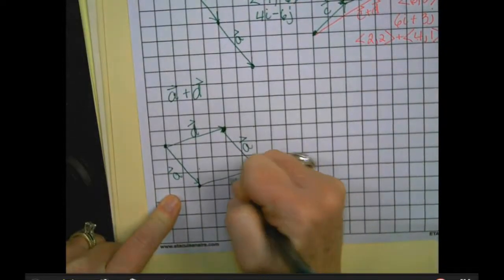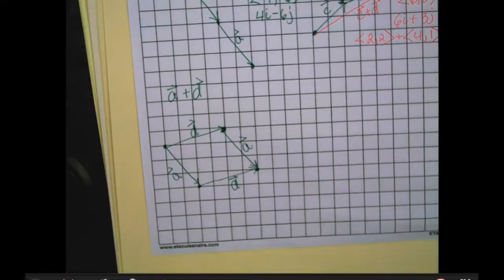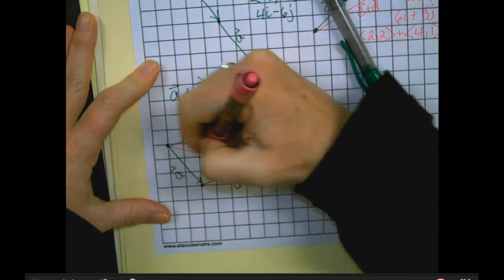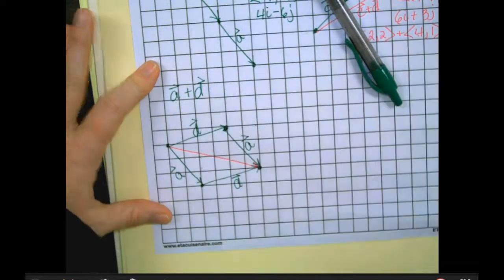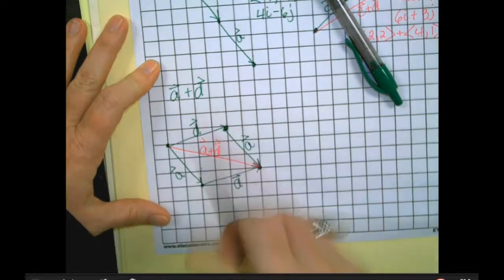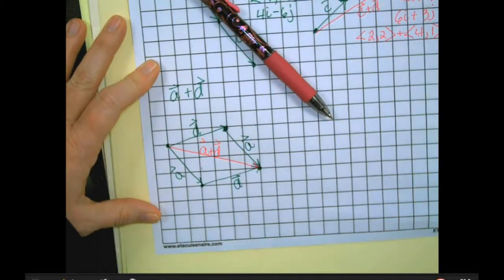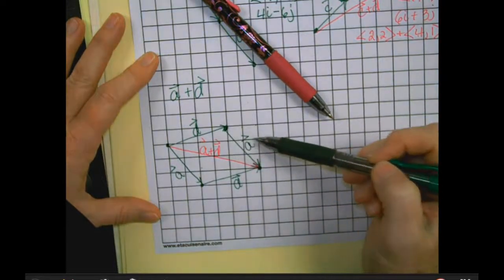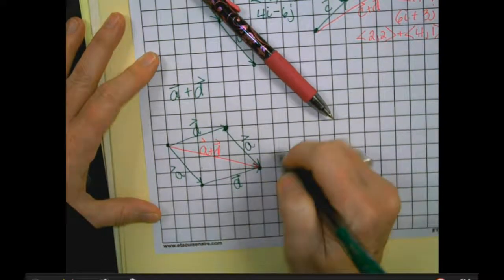So this one's D. And where do I get the resultant, friends? Right, initial to terminal. So this is A plus D. So I went over 1, 2, 3, 4, 5, 6. It looks like 6.